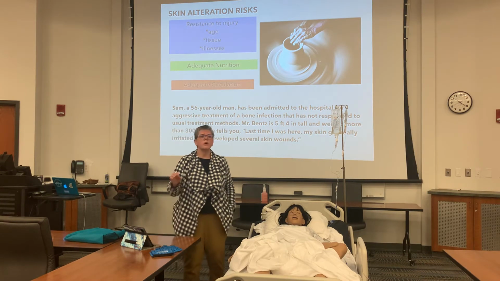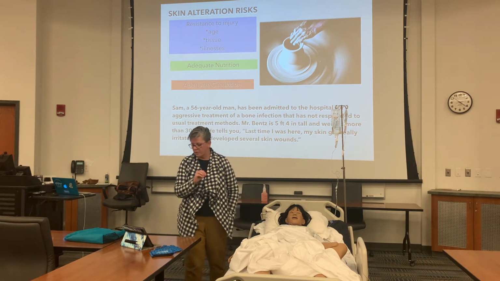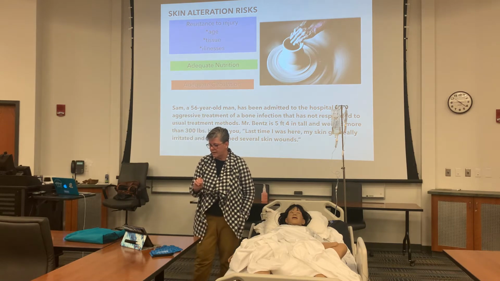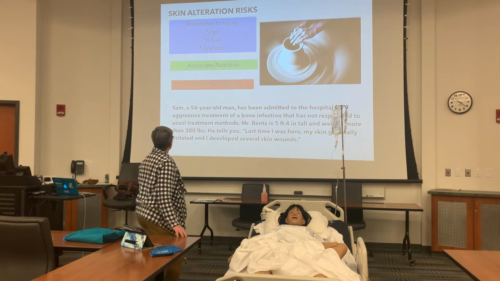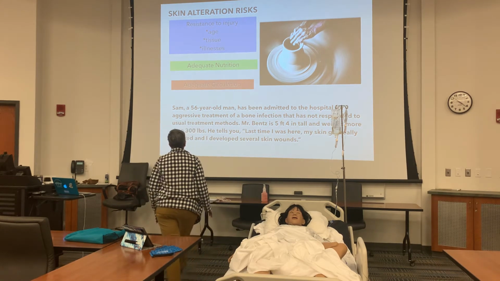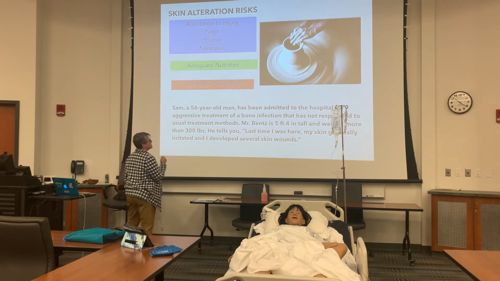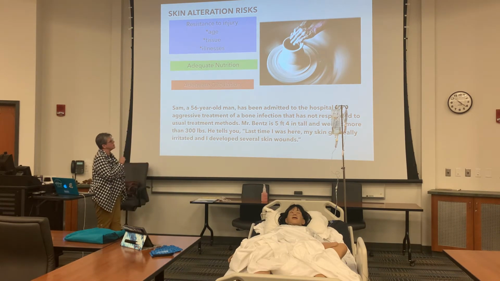All right, so let's read this little scenario here and then talk about this slide. Sam, a 56-year-old man, has been admitted to the hospital for aggressive treatment of a bone infection that has not responded to usual treatment methods. Mr. Benz, or Sam, is 5 feet, 4 inches tall, and he weighs more than 300 pounds.